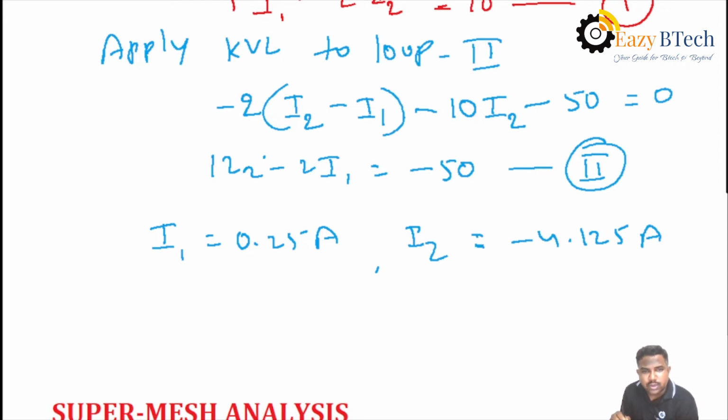In this way, you can do mesh analysis, apply KVL to every loop, then find out the loop currents. Remember, the main point is that by applying KVL, we can find out the loop currents. After finding the loop currents, you have to find out the voltage drops across each element and also the power loss in each element.